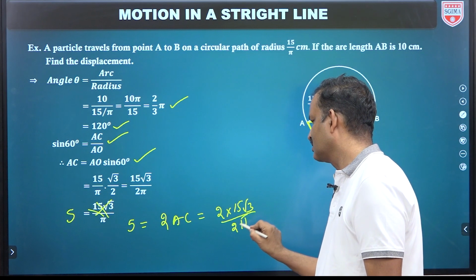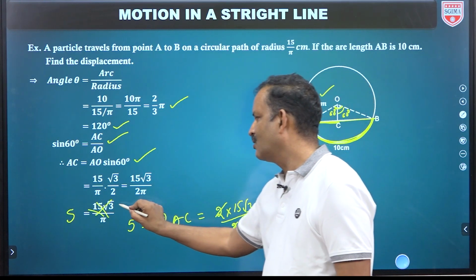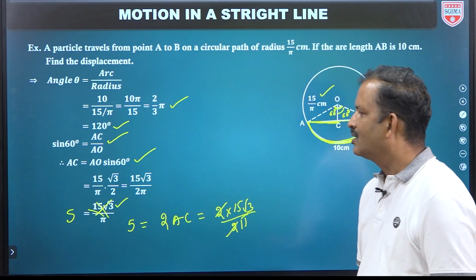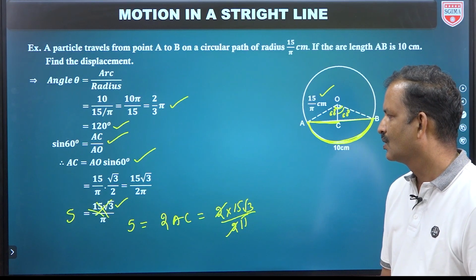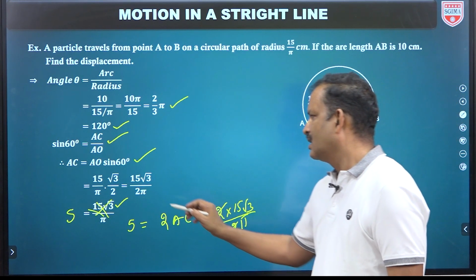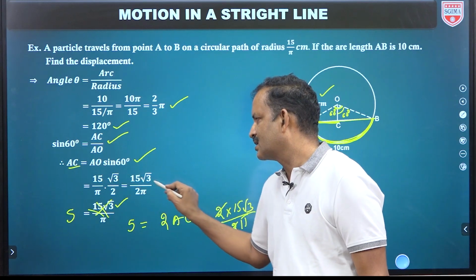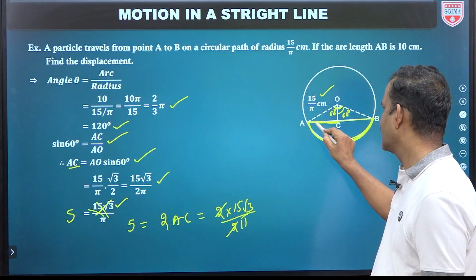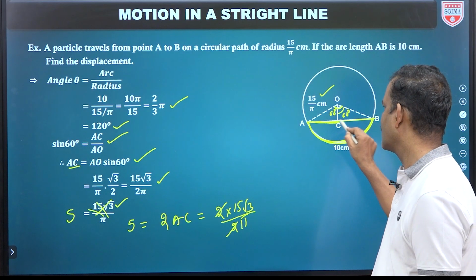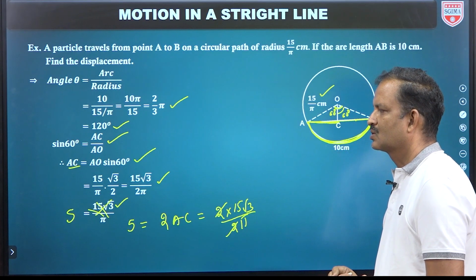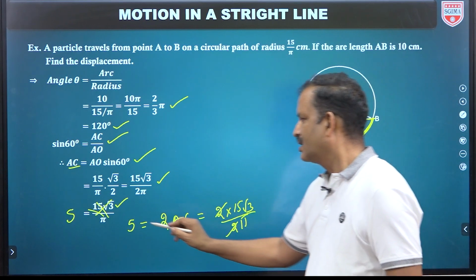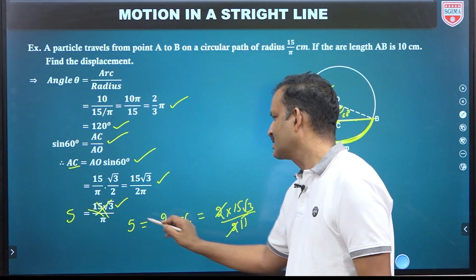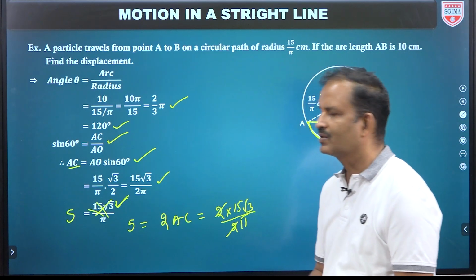So, then 15 root 3 by pi is the displacement we got. Okay? See, we got only AC first. So, displacement means AC plus CB, but both are equal. So, displacement is 2 times this one, then the 2 will cancel, then you will get 15 root 3 by pi.